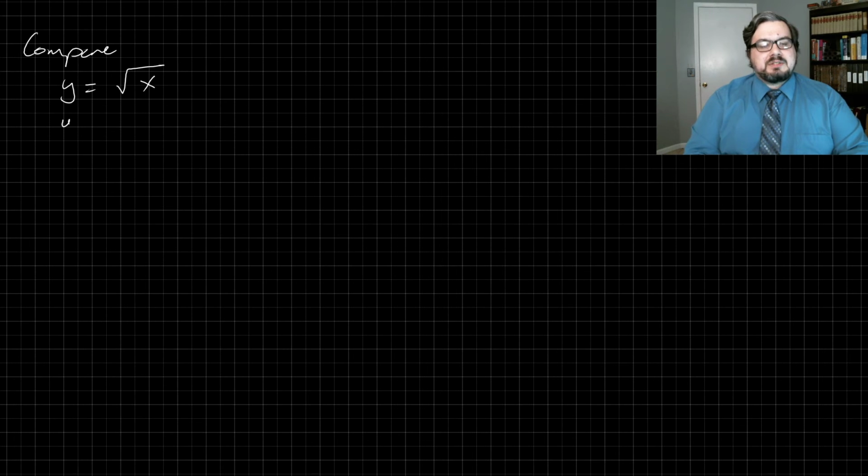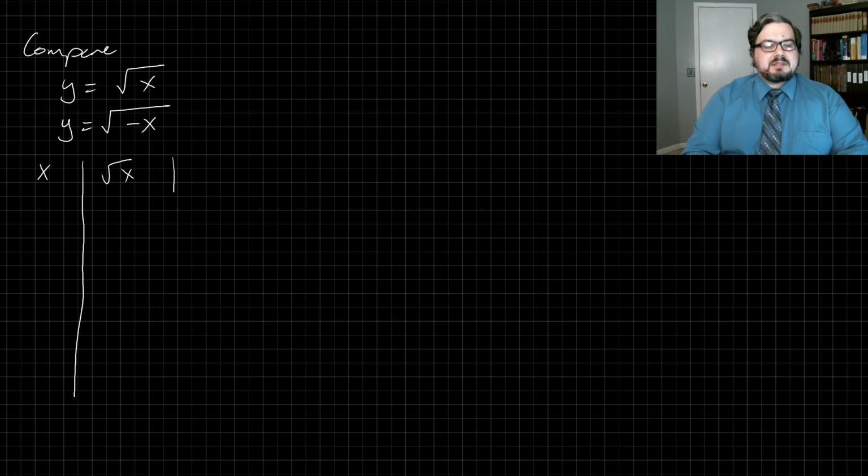And to see that, let's compare the functions y equals the square root of x with y equals the square root of negative x. And let's take some x and y values here. We want x, square root of x, and the square root of negative x.